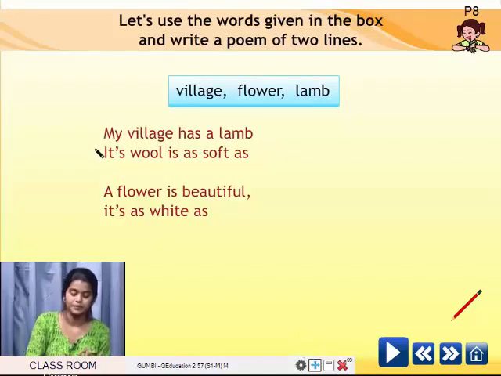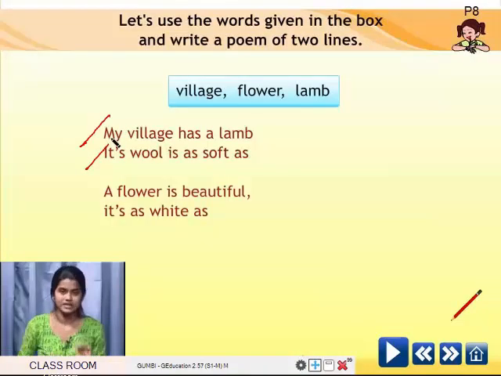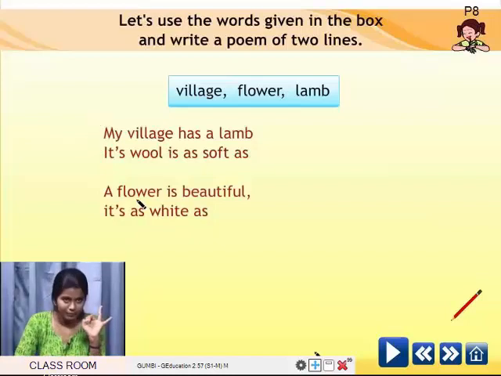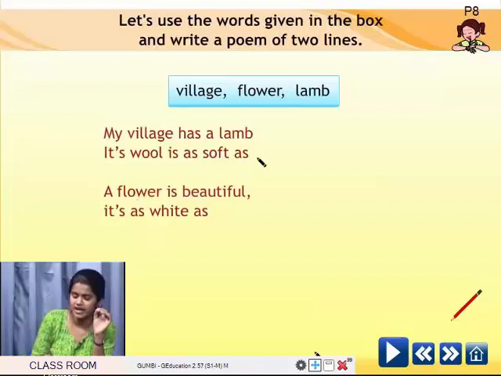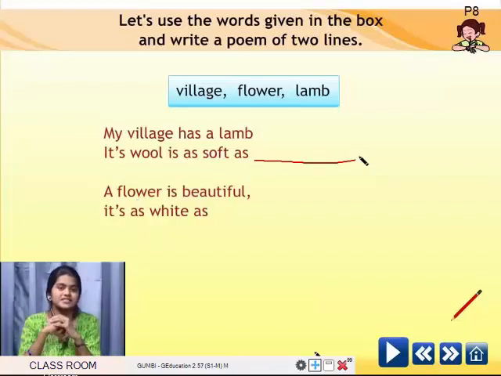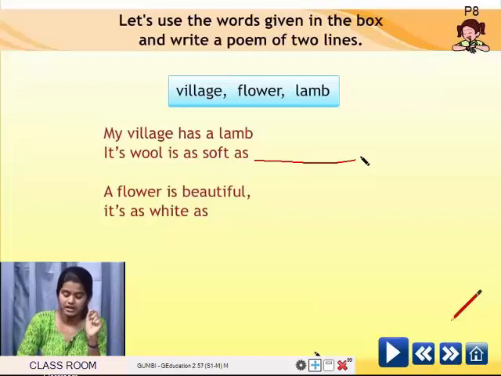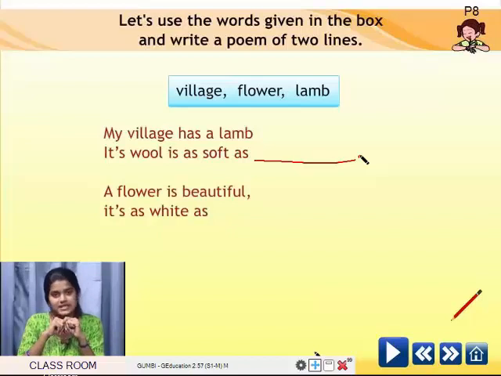Now what you have to do is, you have to complete this poem. Only 2 lines. The first one is, my village has a lamb. Its wool is as soft as dash. So you have to put a word here. So here we are using comparison. Did you see, children? My village has a lamb. Its wool is as soft as dash. You put a word, children.